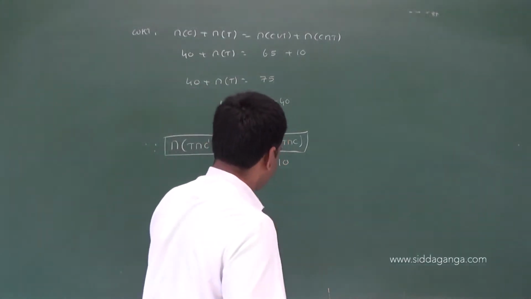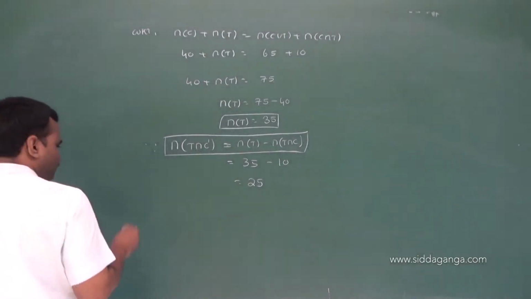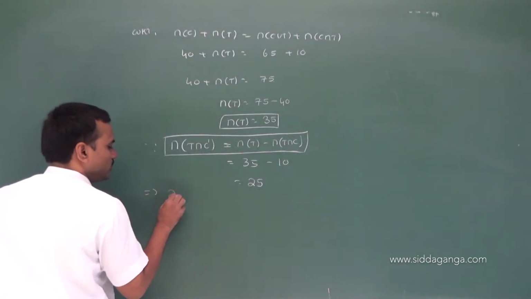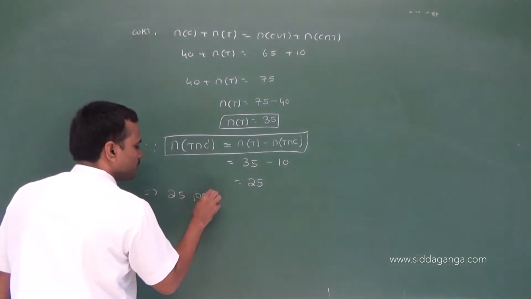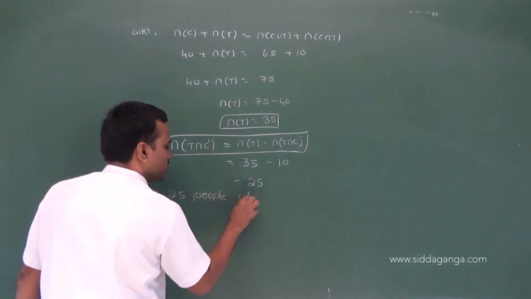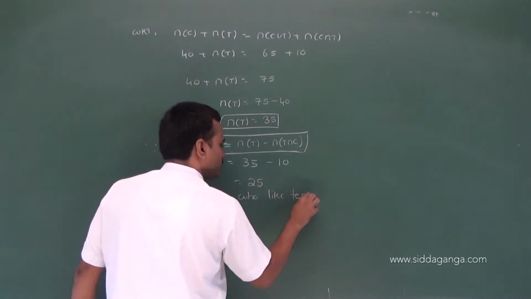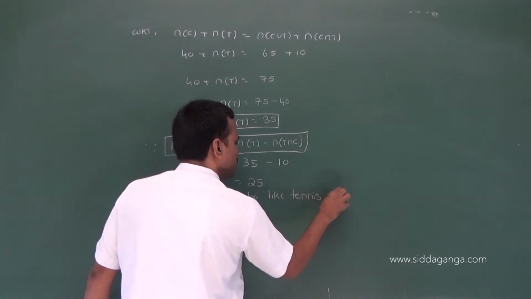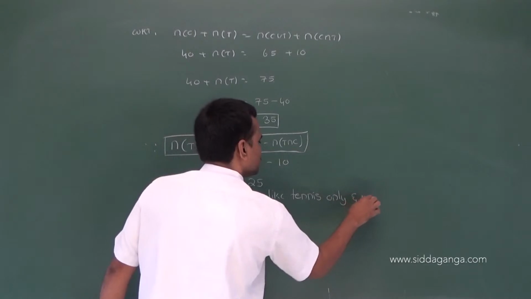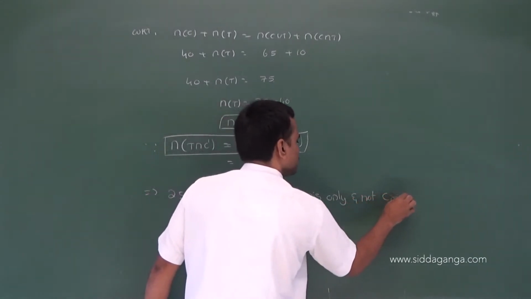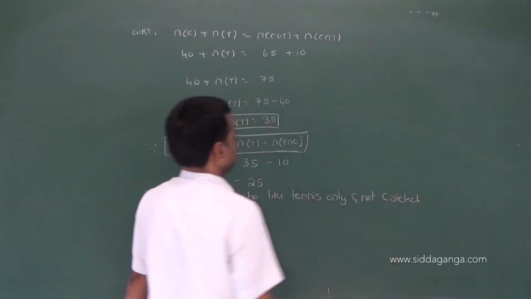So 25 people who like tennis only and not cricket.